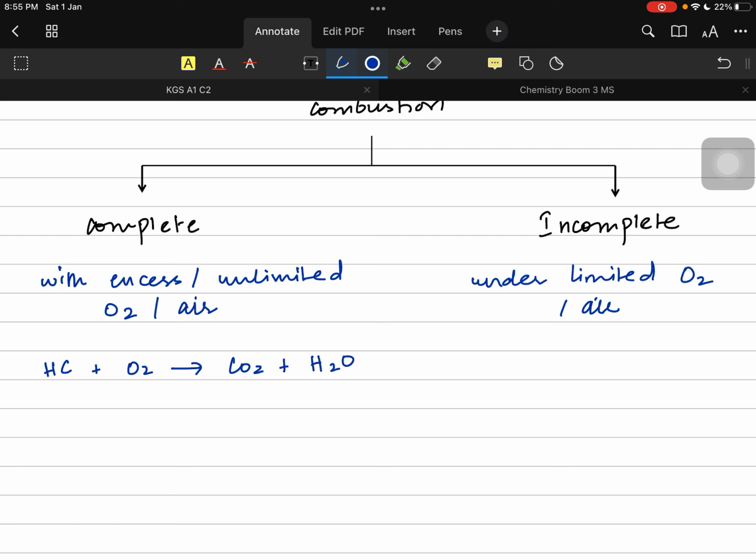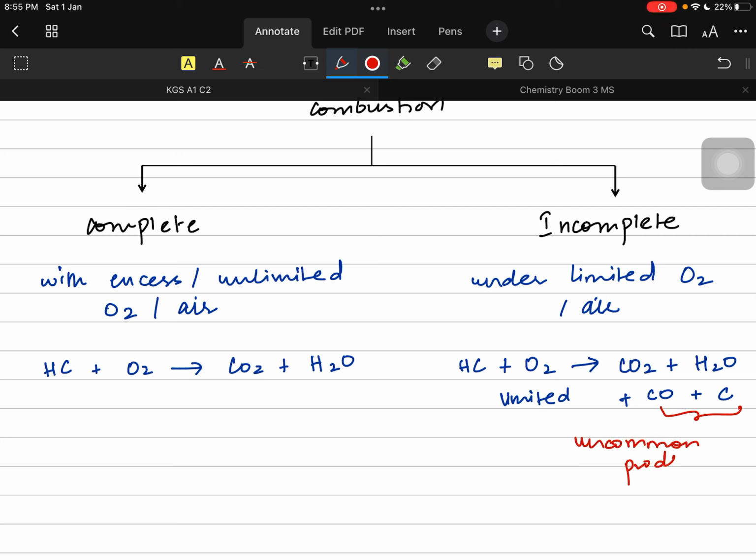But in incomplete combustion, your hydrocarbon, whether it's alkane or alkene, reacts with a limited supply of oxygen to give you carbon dioxide plus water along with carbon monoxide or pure carbon. So these are two uncommon products that you get in incomplete combustion.